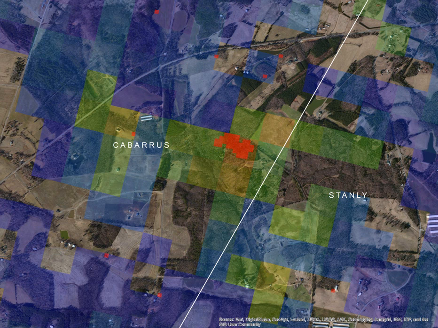The bigger MODIS pixels that are closer to red would indicate a vegetation change. So this is one example in North Carolina. You can see that a lot of the MODIS data overlaps areas that are not forest.